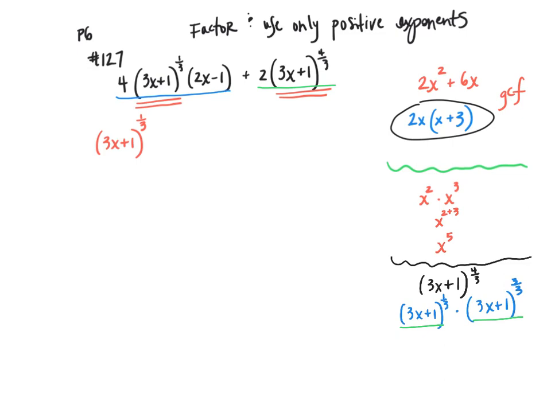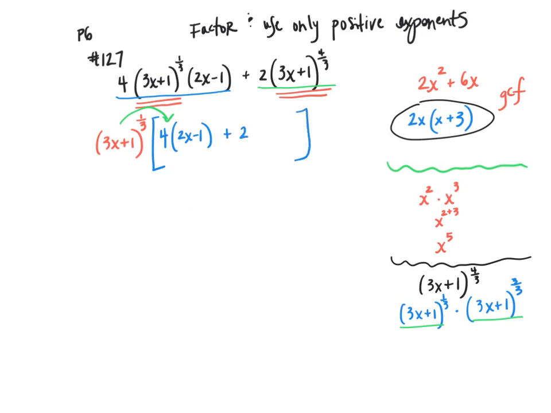So this is actually not the total GCF, but it is definitely a common factor. I started with that 3x plus 1 to the 1/3. Then I asked, what's left over? I've got the 4 and the 2x minus 1. If I were to distribute this right now, I would get what I started with in that first group. Then I looked at my second group. What am I missing? I'm definitely missing that plus 2.